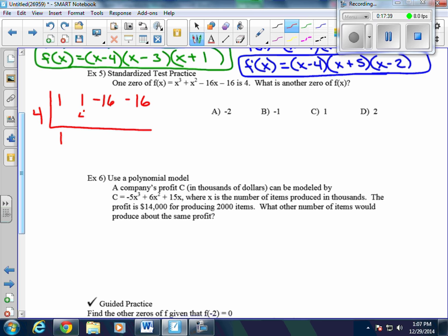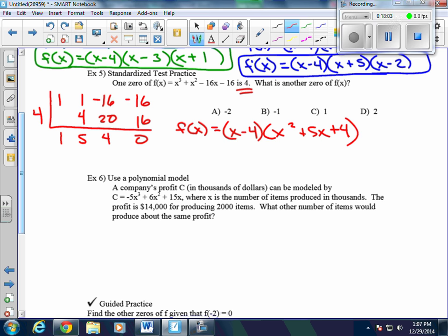So this is 1, 4, 5, 20, 4, 16, and it is 0. Perfect. So if we would write this out, we know that f of x is going to equal x minus 4 using that as one of the zeros. And then we rewrite what we have, x squared plus 5x plus 4 from right down here.